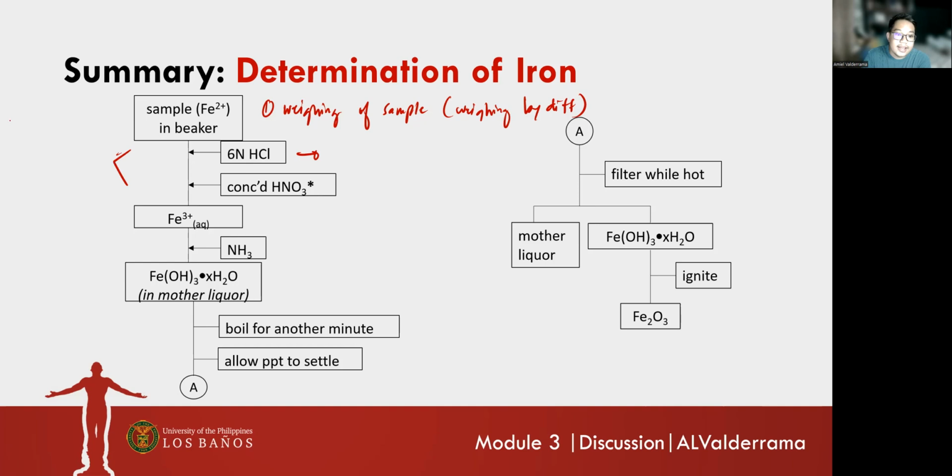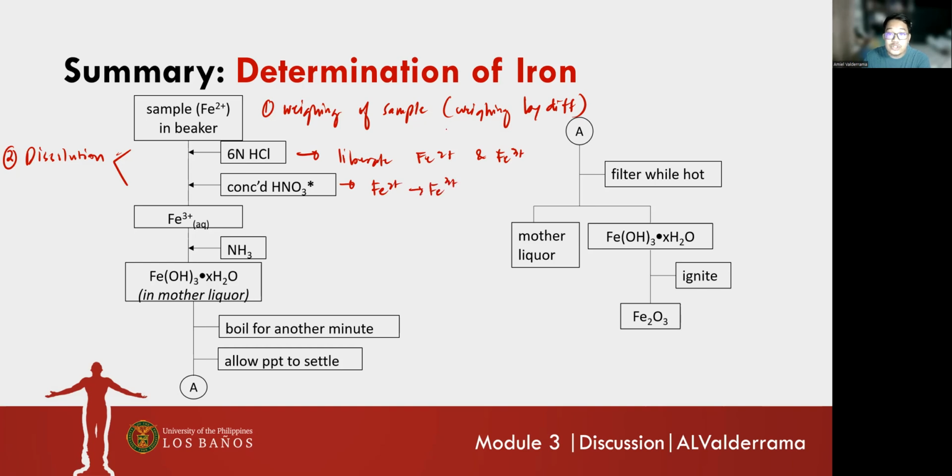Next is we liberate our Fe2+ and Fe3+ using our HCl solution. Ang step 2 natin ay dissolution part. Again, your HCl is used to liberate Fe2+ and Fe3+. And then your concentrated nitric acid converts your Fe2+ to Fe3+.